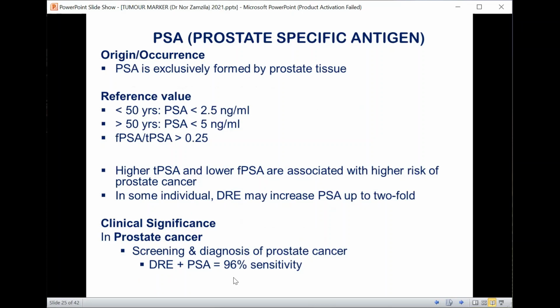This will increase the sensitivity to 96%. In some centers, they may measure the ratio of free to total PSA, where an increase in total PSA and low free PSA are associated with higher risk of prostate cancer.